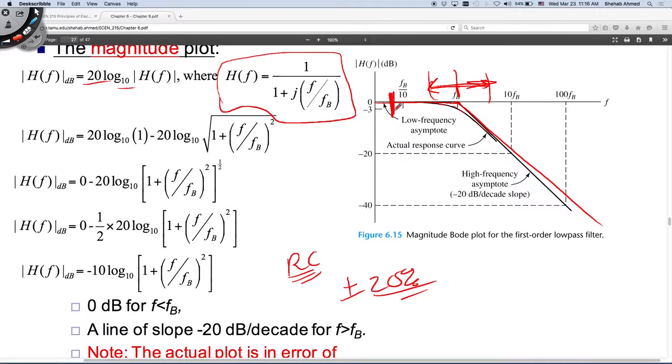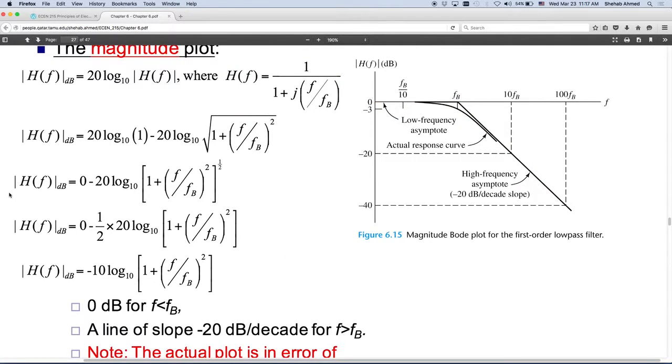If my signal that I want to pass through is around FB over 9, for example, and the noise content there is about 50 FB, do I care in that case to buy a high tolerance capacitor and resistor? No, I don't. So there are cases where you need to buy the high tolerance, and cases where you don't need to. Any questions on this?